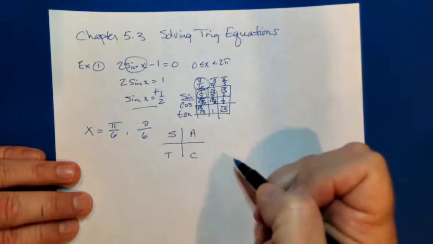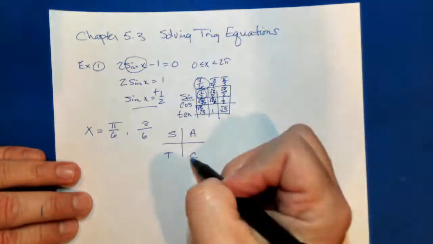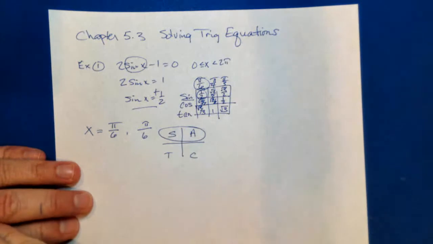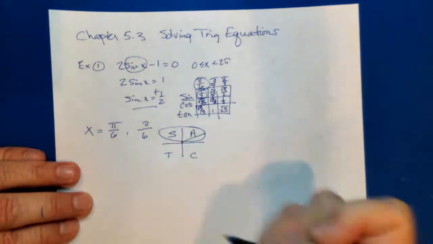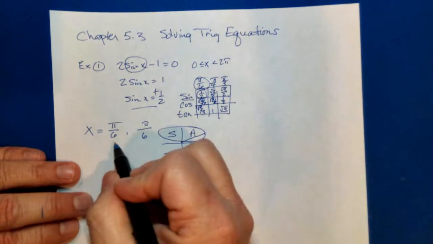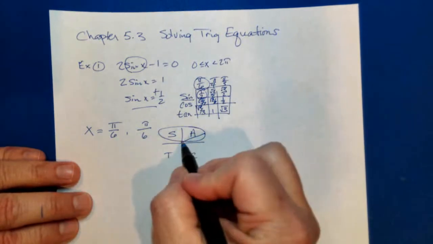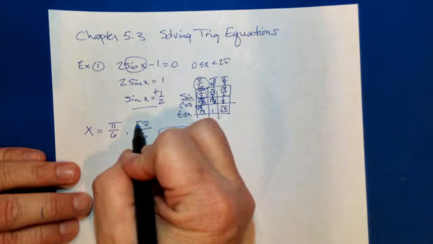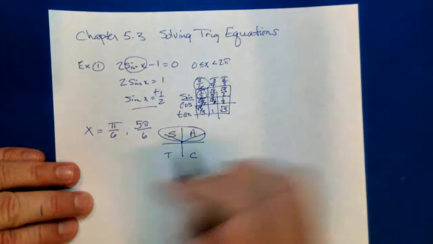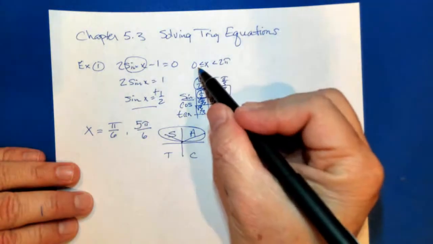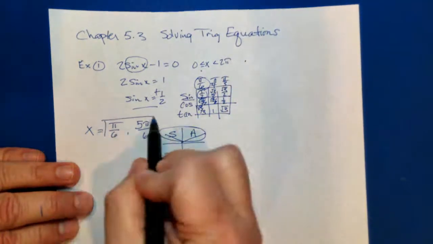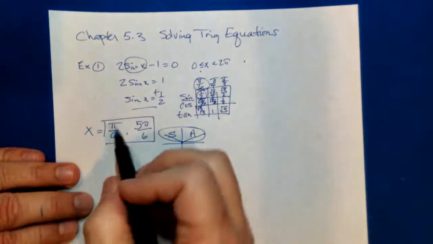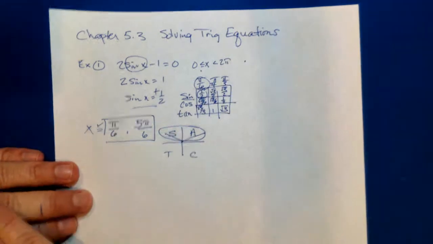Where is the sine positive? The sine is positive in quadrants 1 and 2. So pi over 6 in quadrant 1 is easy, it's pi over 6. Pi over 6 in quadrant 2, if you recall, is 5 pi over 6. So if we're only looking for angles between 0 and 2 pi, our answers are pi over 6 and 5 pi over 6. Quite easily done.